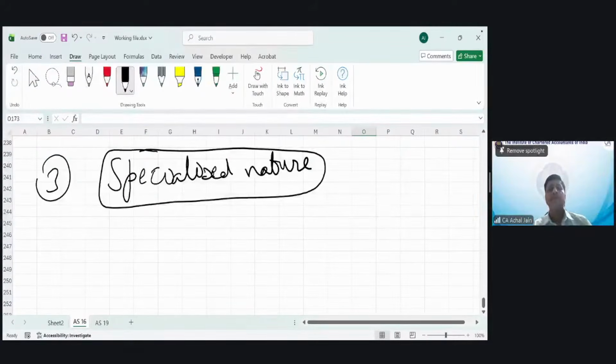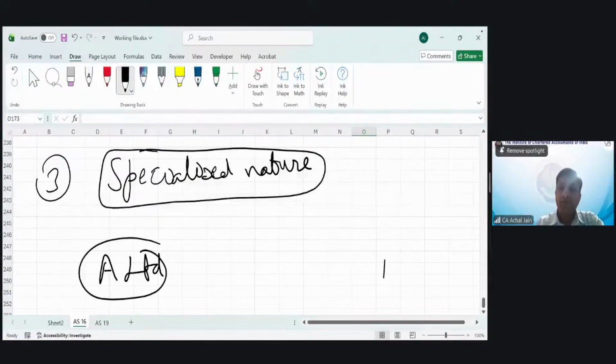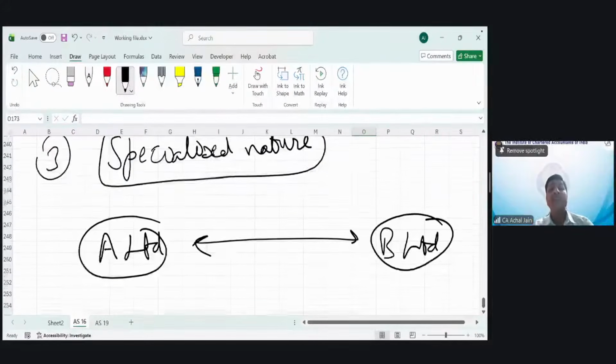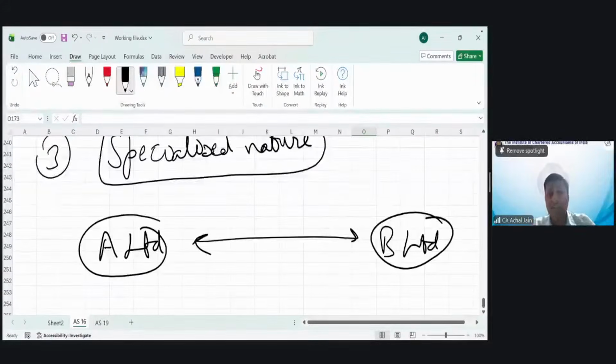Now, what do you have? A Limited and B Limited have entered into a lease arrangement. But the nature of the asset is such. So who is the owner? A is the owner of the asset. But the nature of this asset is such that only B can use it. Nobody else can use that.